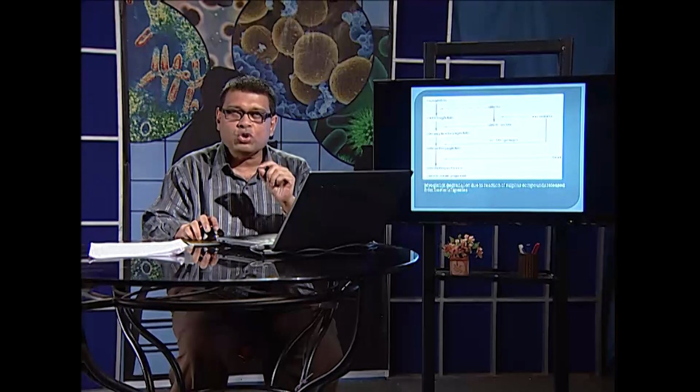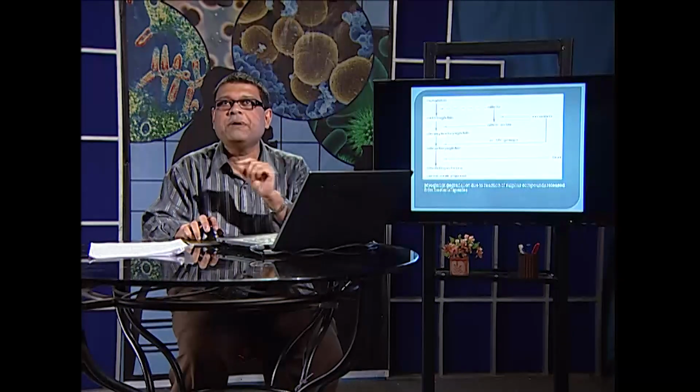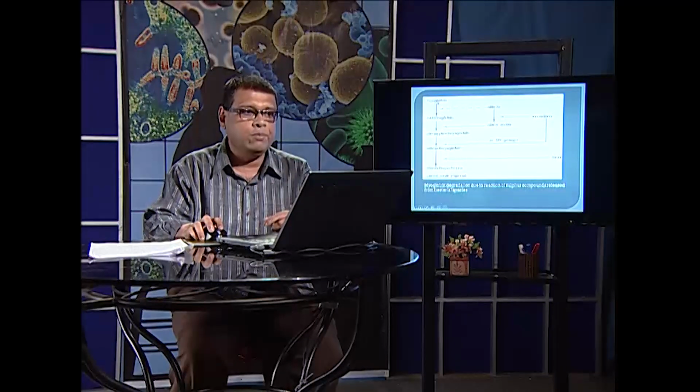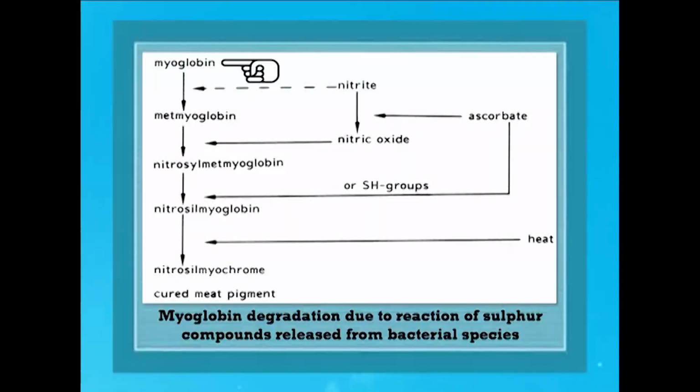A very common cause is the change of the pigment. This greening is caused by the change of the pigment, which is myoglobin. So myoglobin is converted to metmyoglobin, then it is converted to nitrosyl metmyoglobin, then to nitrosyl myoglobin, and finally it is producing the nitrosyl myochrome, which is actually the discolored pigment.